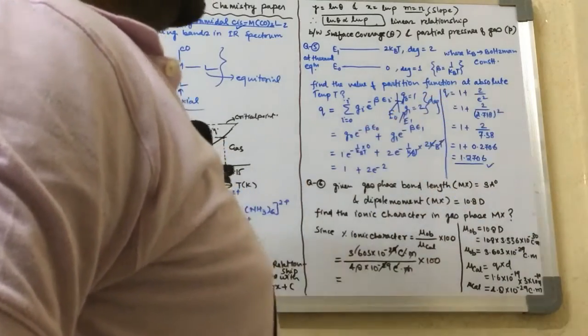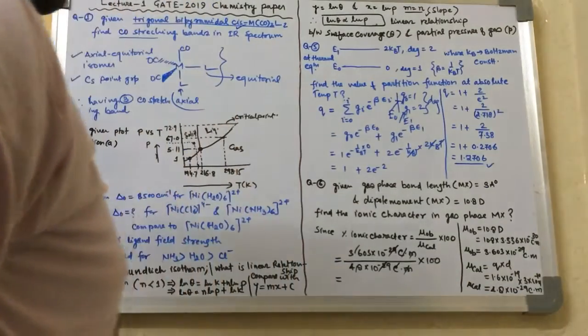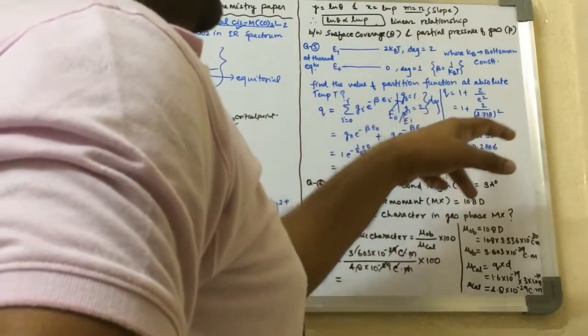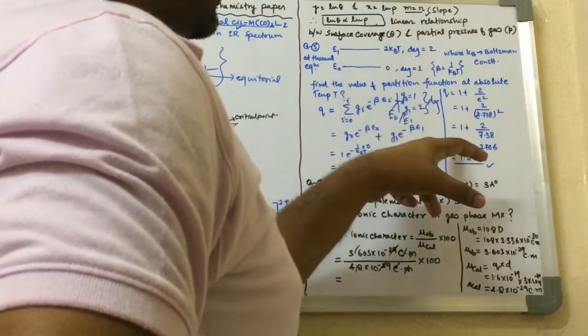Now you will get the final expression: q is equal to 1 plus 2 upon e squared. As we know, the value of e is 2.718, and the square of this value is 7.38.